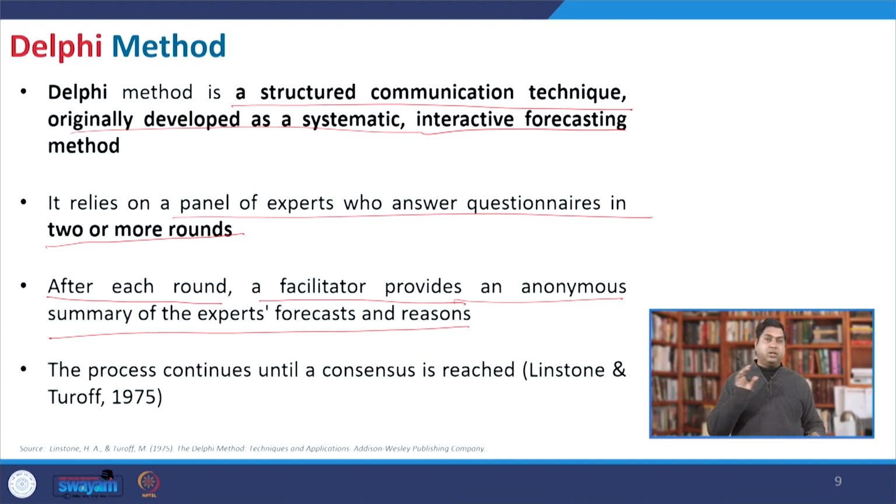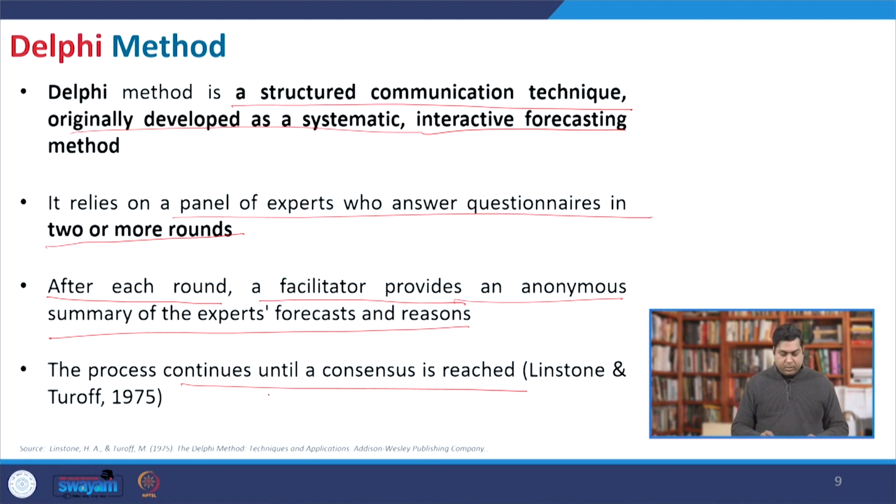Looking at the overall summary and trend, the expert may check his or her responses and modify them, so that finally it will come to some sort of common consensus among all the experts of that particular study.